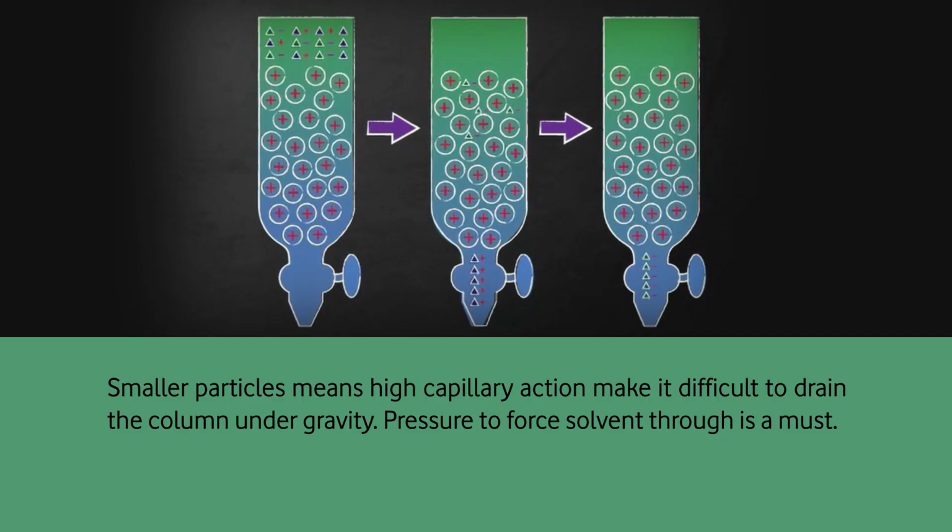So in the column in LC chromatography, if you take in the column stationary phase of small particles, there is very high capillary force. So if you are doing LC by gravity, like we used to do in the schools and colleges experiments in the column, and we let the material move with gravity, it will be impossible to do the chromatographic experiments.